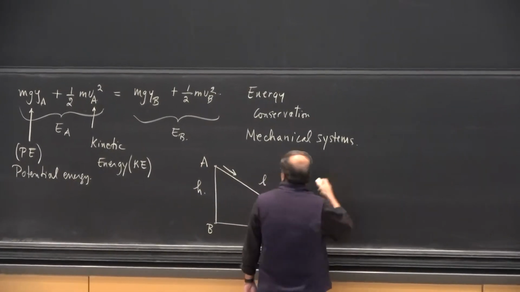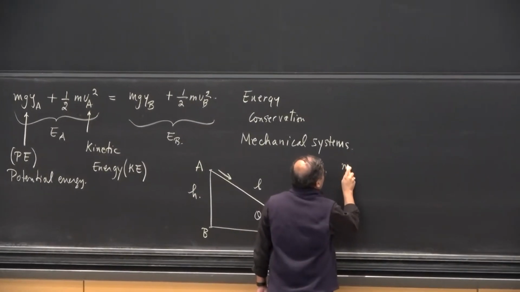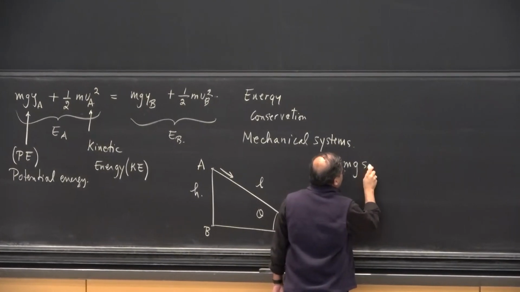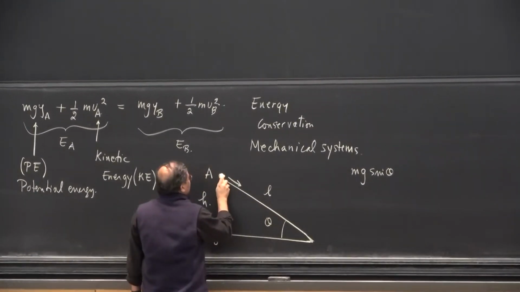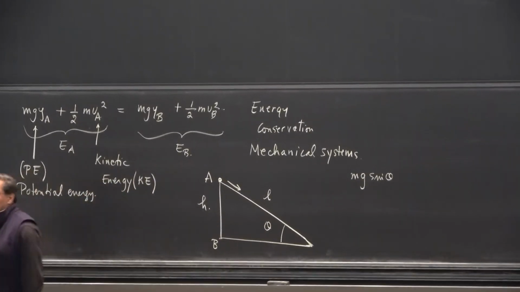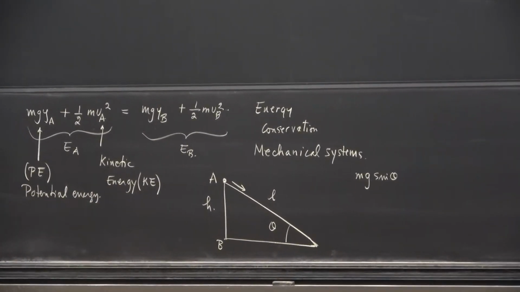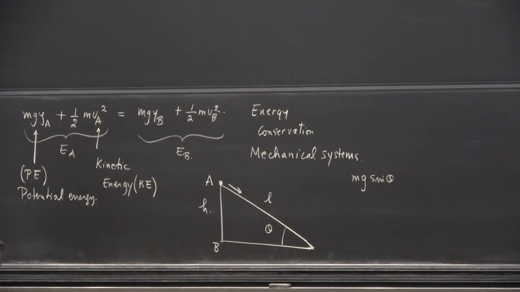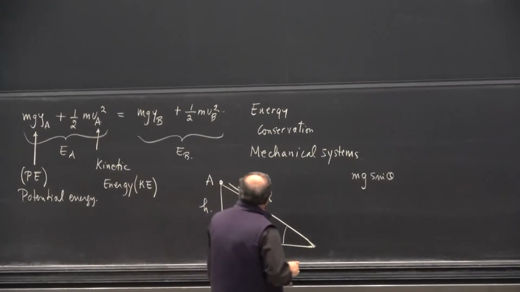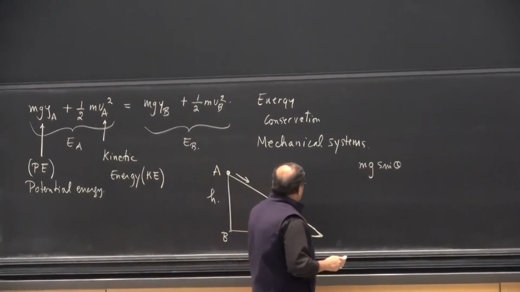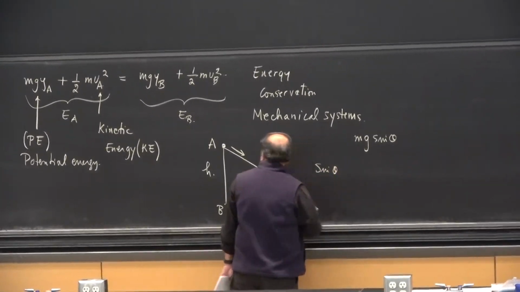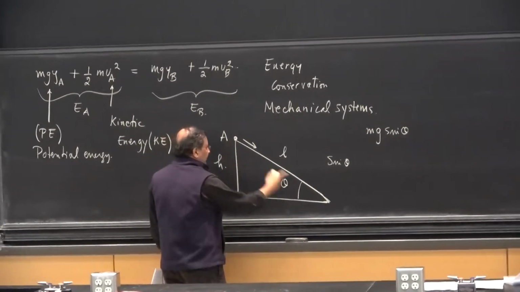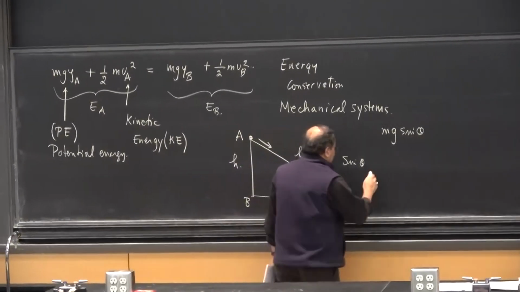So what will happen is that along the incline, it will have mg sine theta as the force along the incline. This is the mass here, sliding down. That's something you already know, so that's not a big surprise. Now, it travels a distance L. Sine theta, by definition, is the height divided by the hypotenuse.